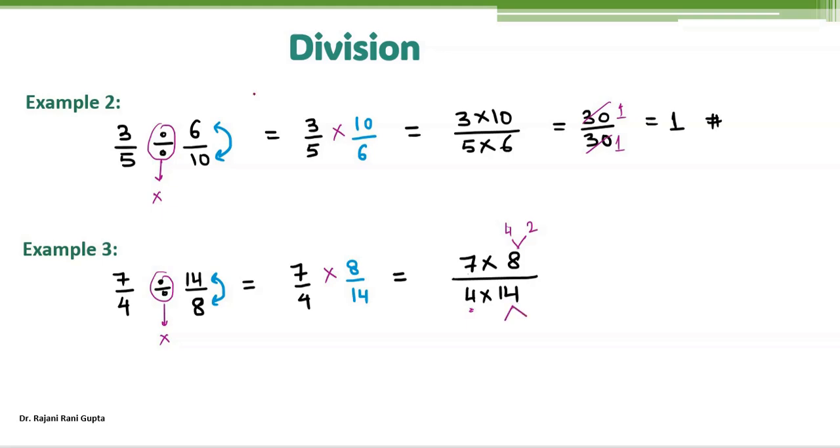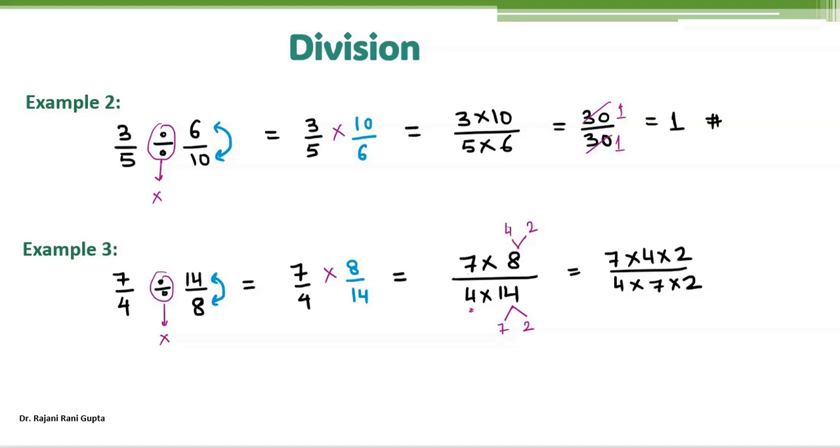Check for 14. You can write it as 7 times 2. So what you have here? You have 7. In place of 8 you can write 4 times 2. 4 we will keep same. And in place of 14 we write 7 times 2.